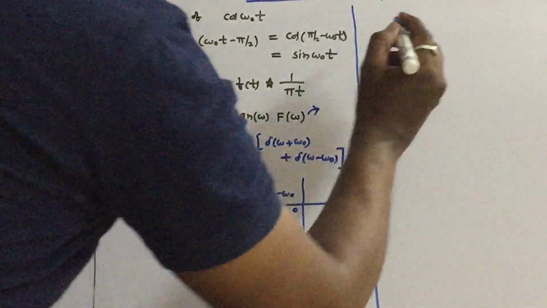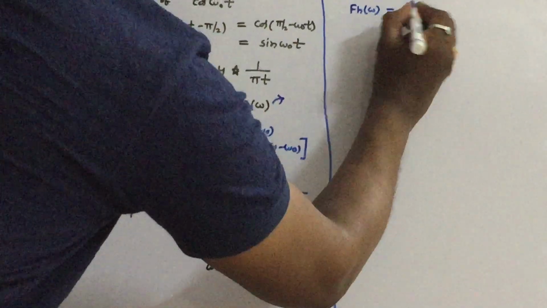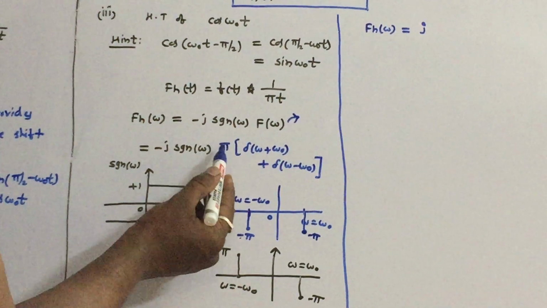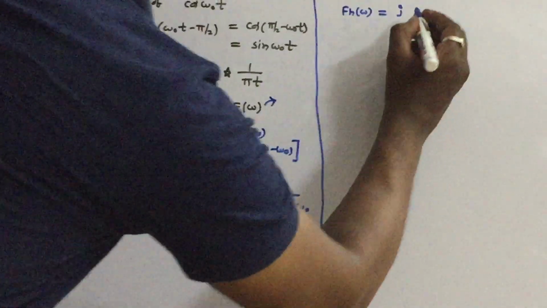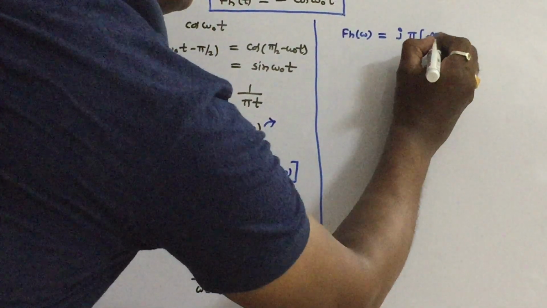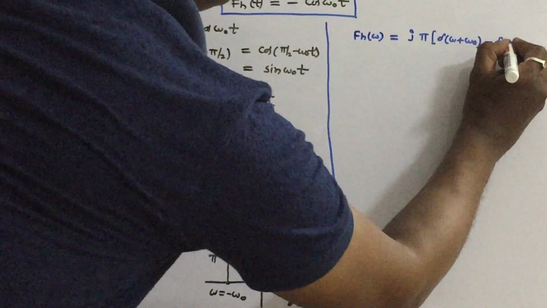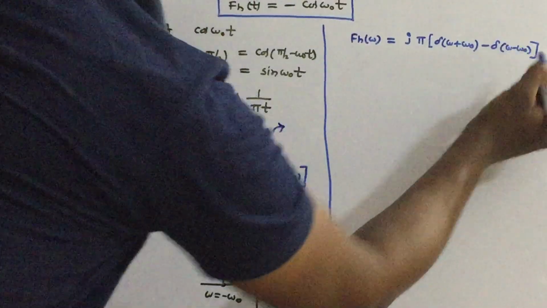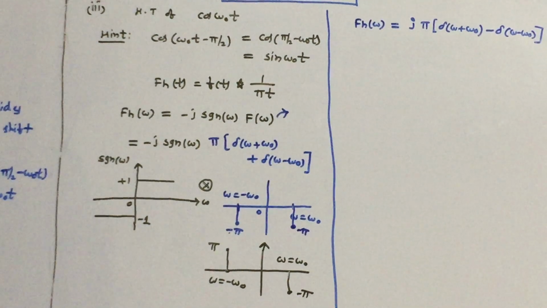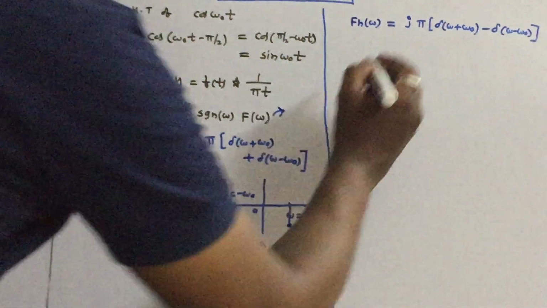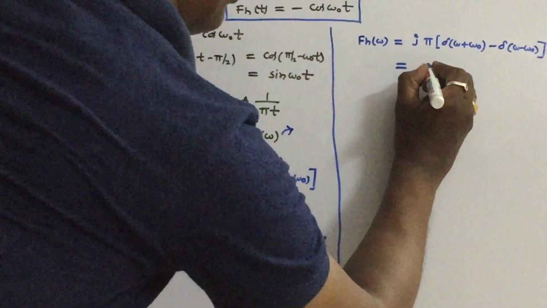Therefore we can write F_h of omega, keeping j as it is. If you multiply minus pi with signum of omega, you will get pi into delta of omega plus omega naught minus delta of omega minus omega naught.